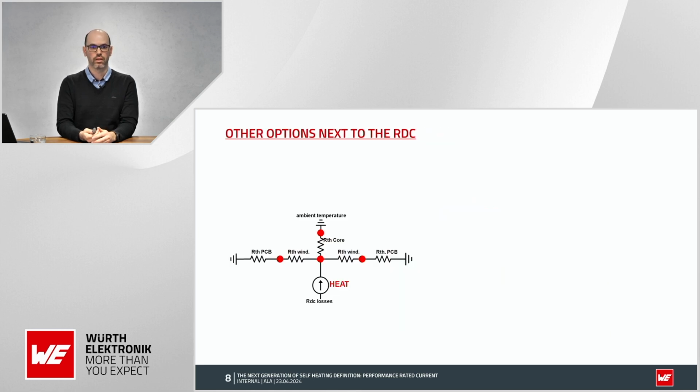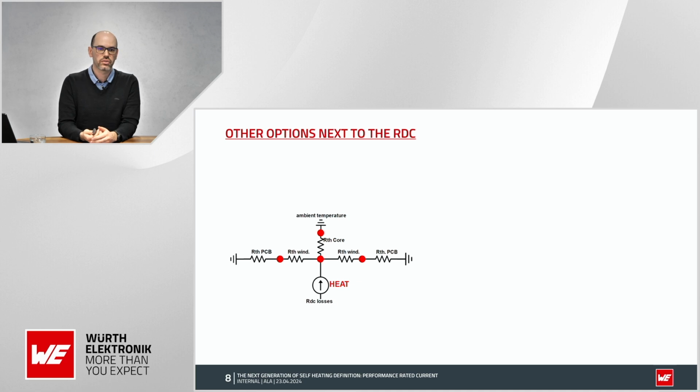Good. So we know now that the wire contains the RDC, so this means this is also our source where the heat is generated. So the current is moving over the copper wire, and because there is RDC, there is a loss factor, and this is where the heat is generated.